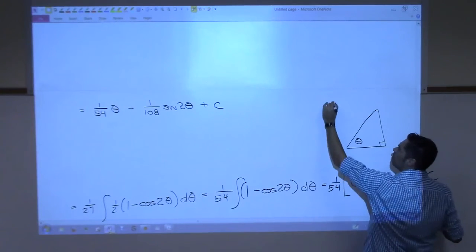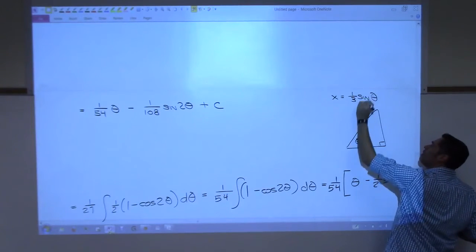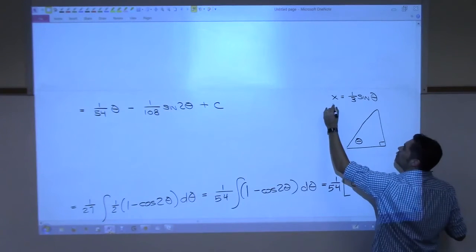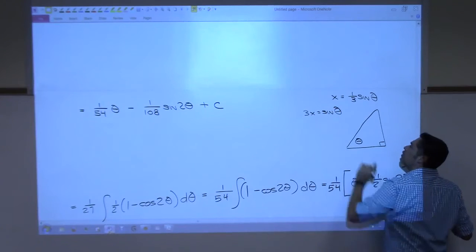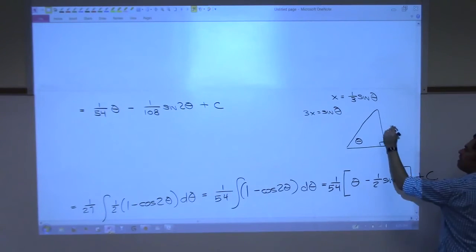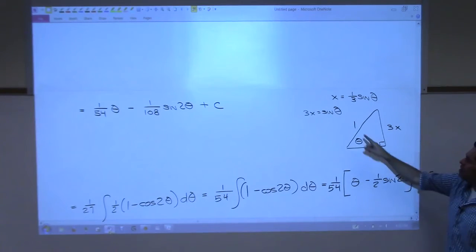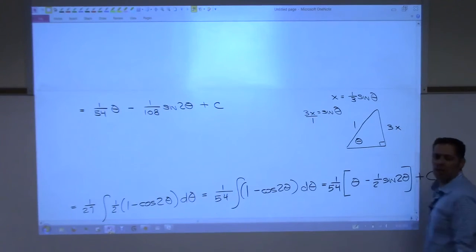For this one, it's 1/3 sine theta. That's what our sub was. So 3x is sine theta, multiplying both sides by 3. That means I should have 3x here and 1 here, because sine is opposite over hypotenuse, so I rewrite that as a fraction.